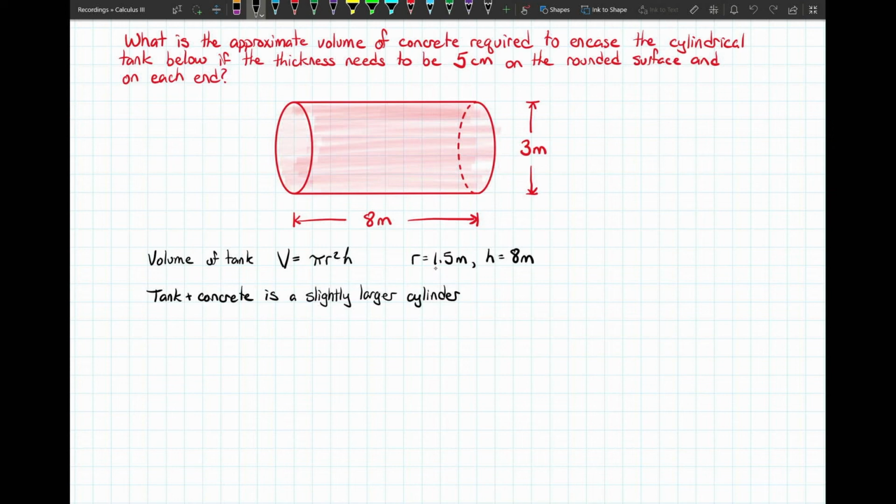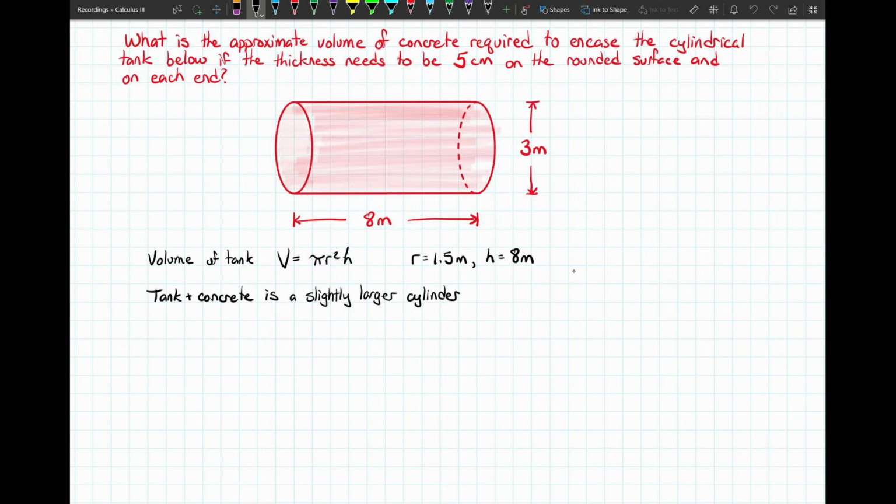It's going to change from 1.5 meters radius to adding an extra 5 centimeters on there. The new radius will be 1.55. And now the length of the tank, or what I've got here as height h, is 8 meters. We're going to be adding 5 centimeters on one side and 5 centimeters on the other, which is an increase of 10 centimeters. So we're going to be going from 8 meters to 8.1.